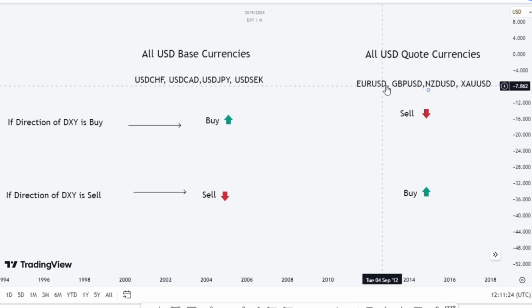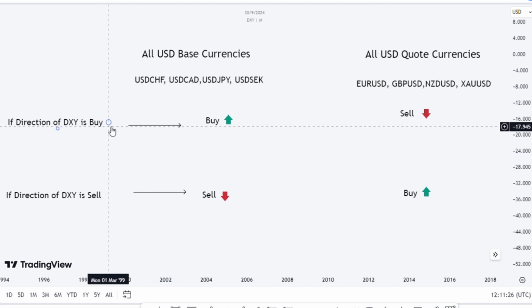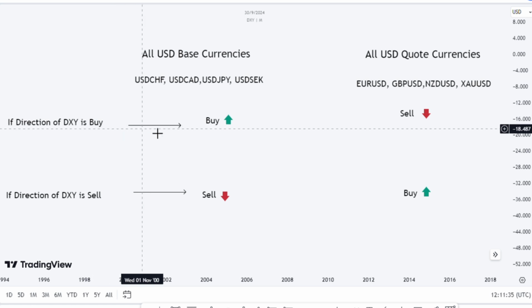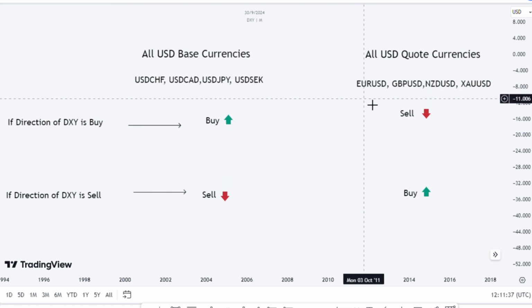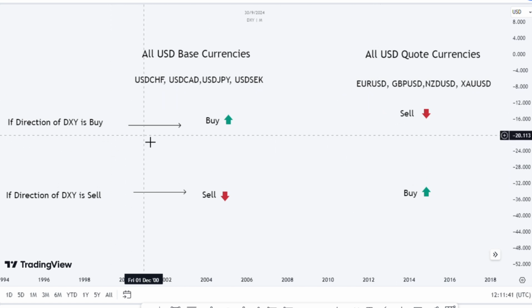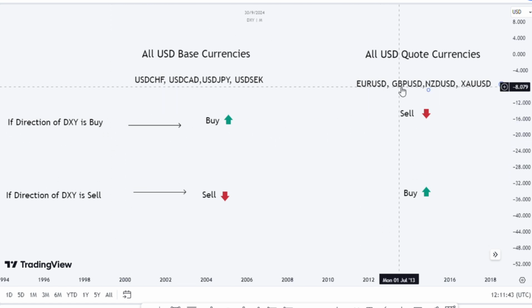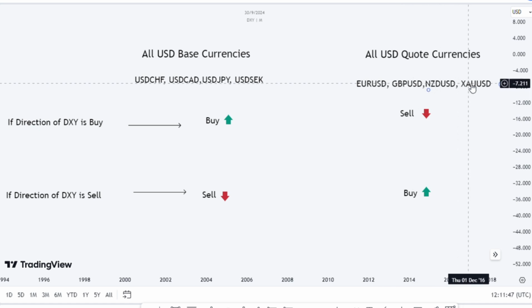So in as much as it becomes the quote currency, if DXY, which is the strongest of this pair, is buying, it is going to be pushing the base of this currency to do the opposite. So if DXY is buying, EUR USD will be selling, GBP USD will be selling, NZD USD will be selling, gold will be selling.